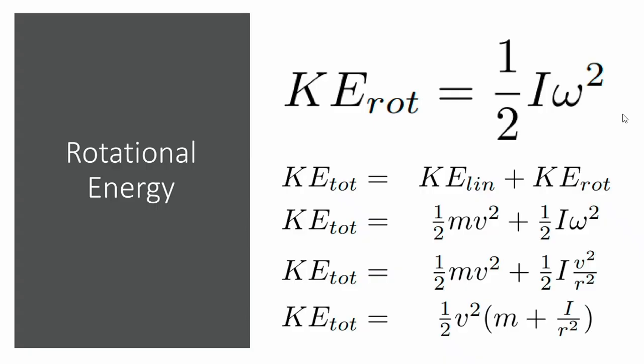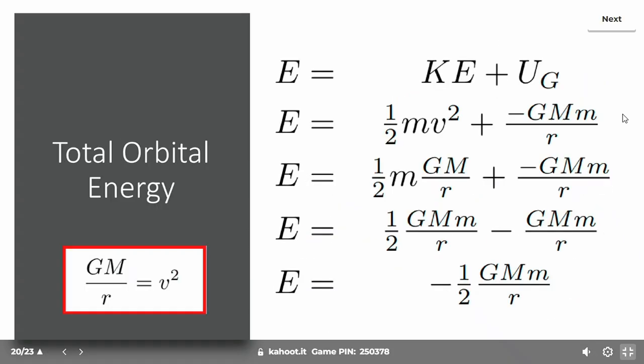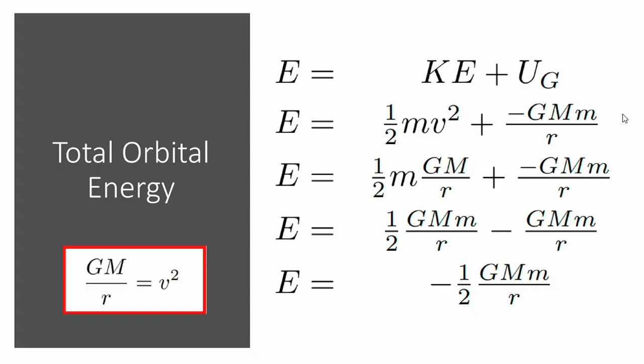So we can factor out that linear velocity, and we're left with mass plus moment of inertia divided by r squared. And we're going to use this in a moment to simplify some equations that we're going to introduce.